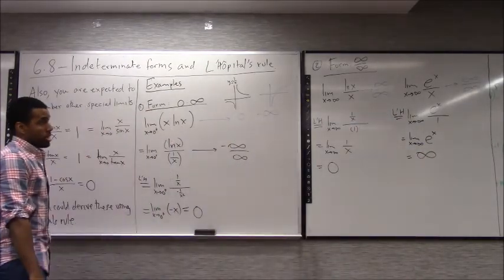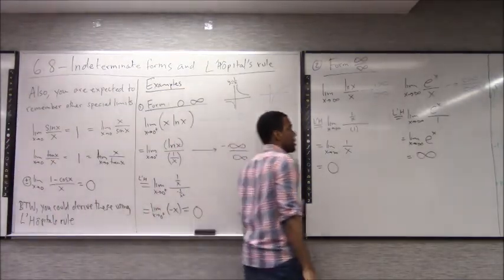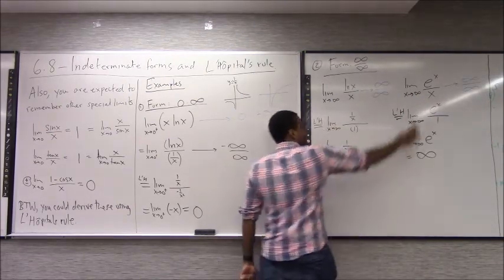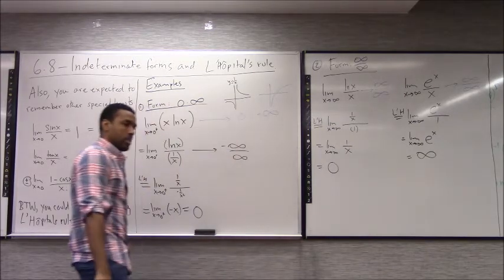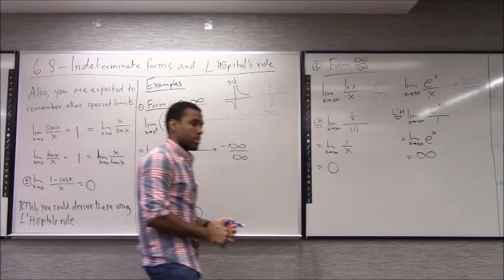Compared to x, e to the x is growing super fast. Even though both of them are getting huge, e to the x is infinitely huger than x. And so that limit would be infinity.